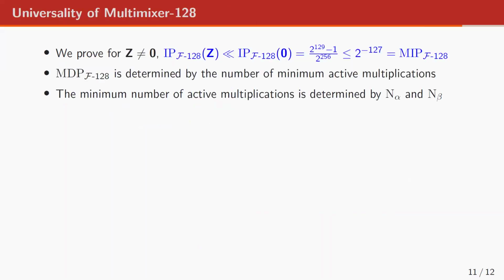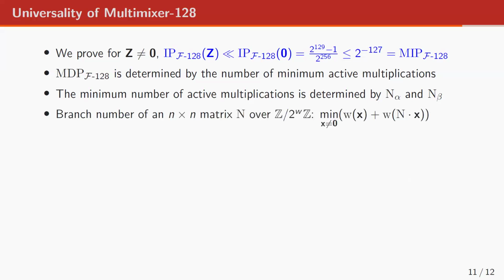Now, the minimum number of active multiplications is determined by the matrices N alpha and N beta, and we can find out this number. So we have this concept of branch number that conceptualizes this.